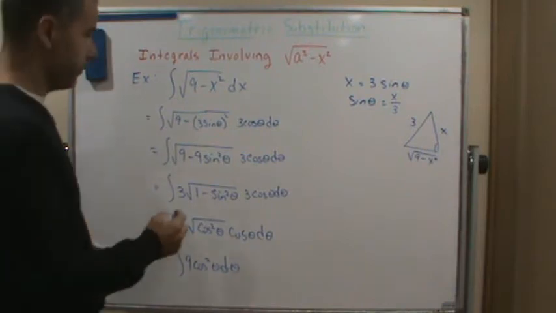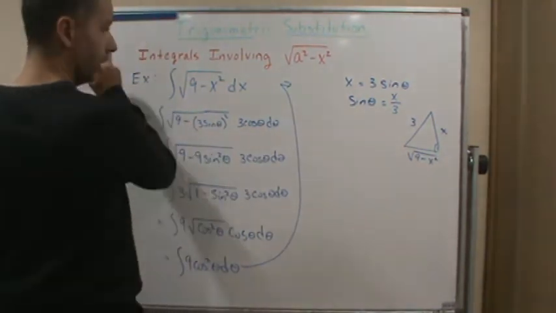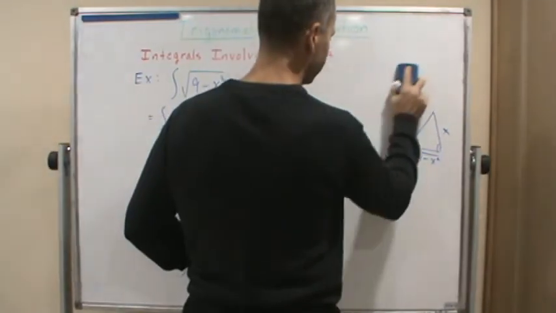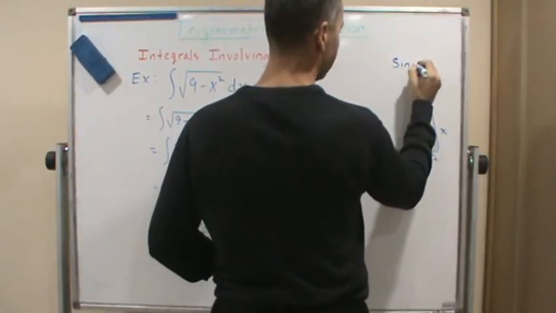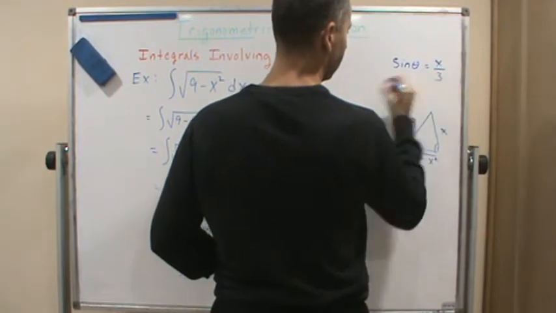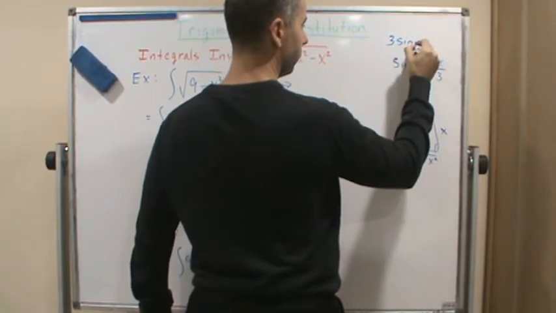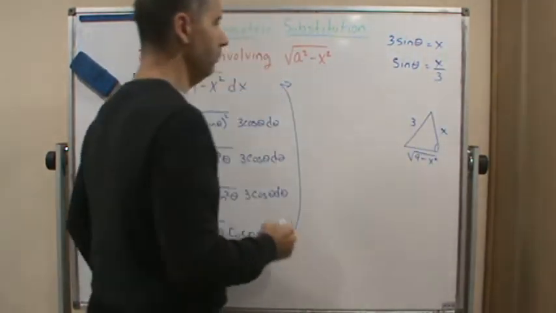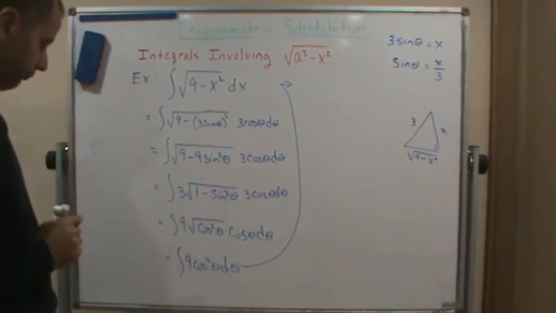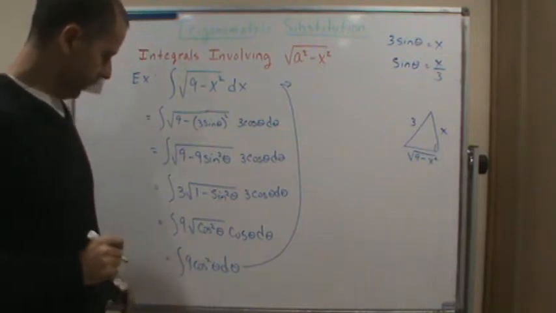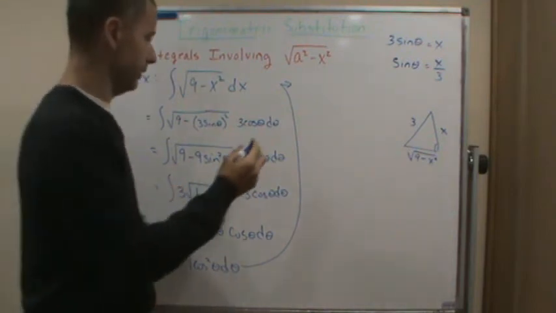Okay, so the other one I'm going to use, I'm going to bring it up here, and let me make some room here. I'm going to write this up here. Okay, so now I have cosine squared theta. So the other one I can use is this identity here.